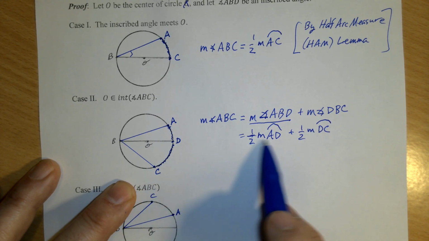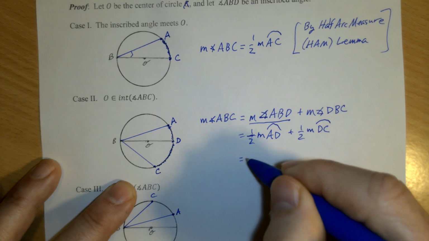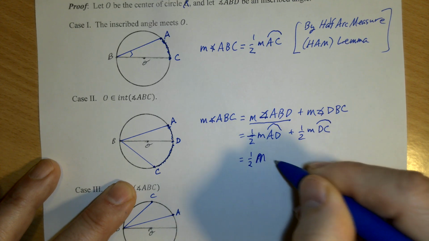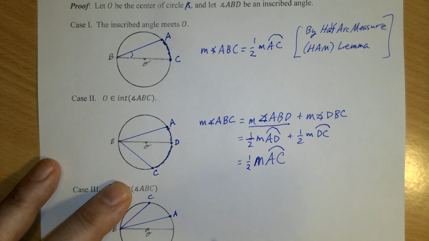So if we take 1/2 of AD and 1/2 of DC, we'll get 1/2 the measure of arc AC. That's exactly what we're trying to prove.